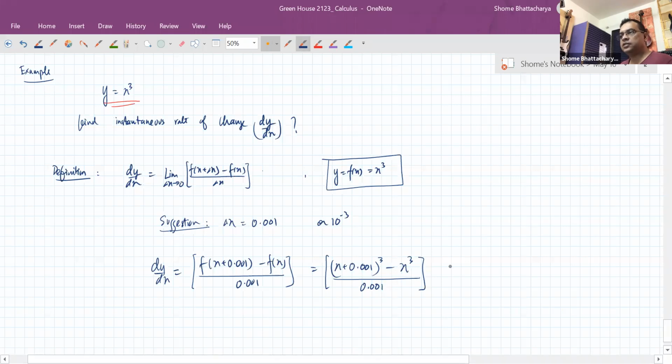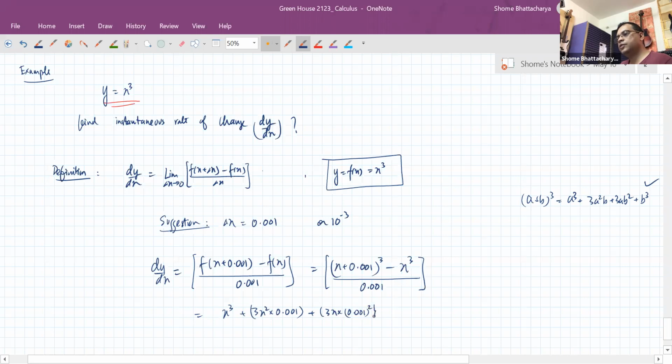I can expand this using the formula a plus b whole cube. Yes, sir. So this formula is correct. All of you are familiar with this, right? Yes, sir. So let's expand the numerator. It will become x cube plus 3x square into 0.001 plus 3x into 0.001 squared.